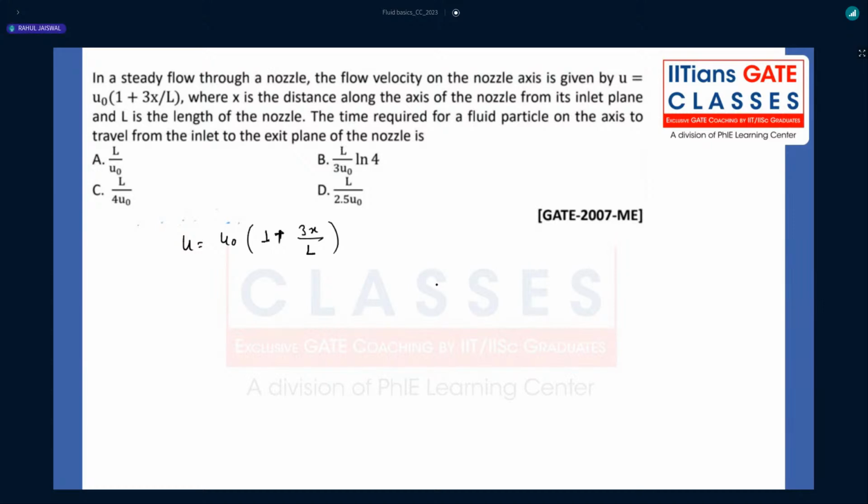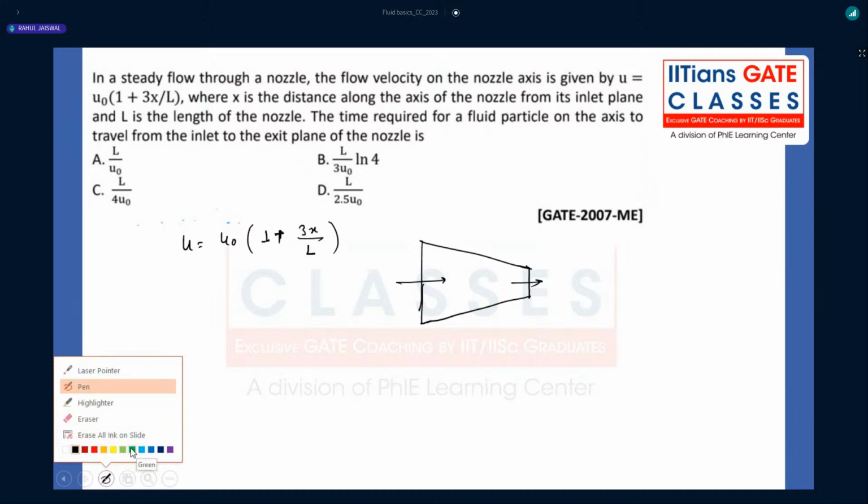So here, if I just consider one nozzle, this is my nozzle. The purpose of the nozzle is what? To increase the velocity and to decrease the pressure.